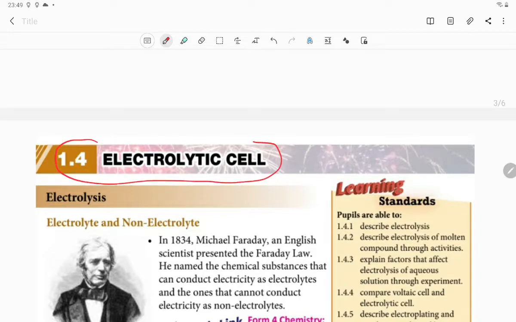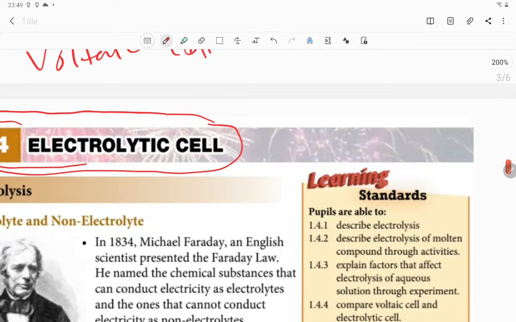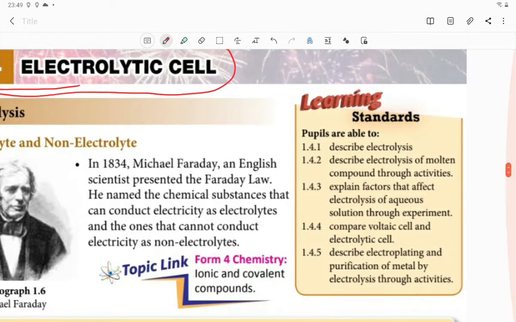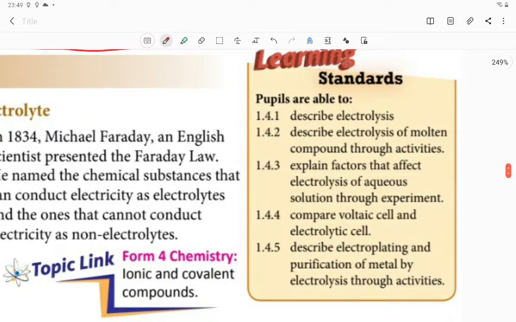Previously you have learned about voltaic cell, so now you are going to cover a new cell. So in this subtopic, what you need to understand, what students should achieve.